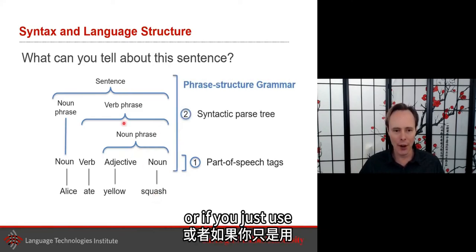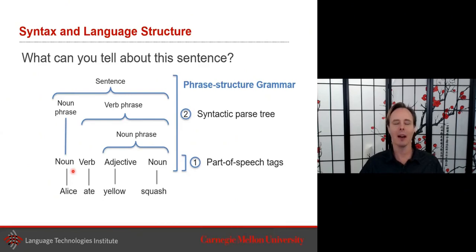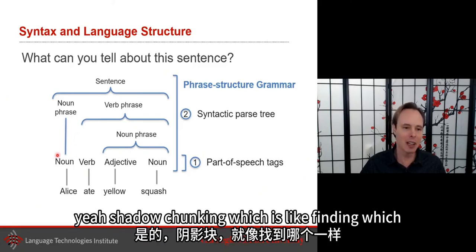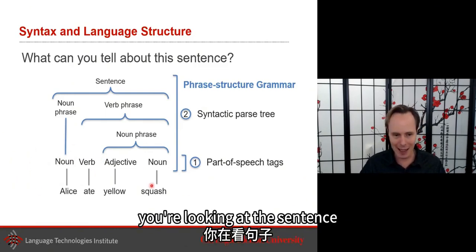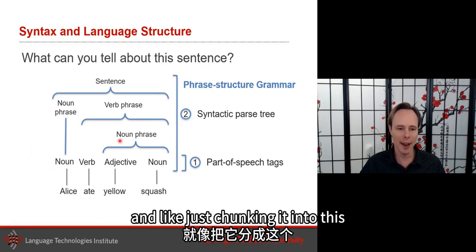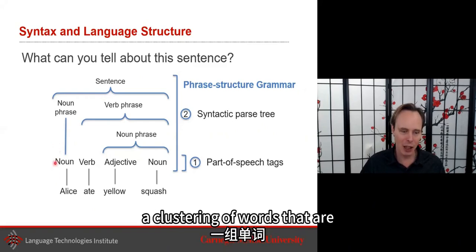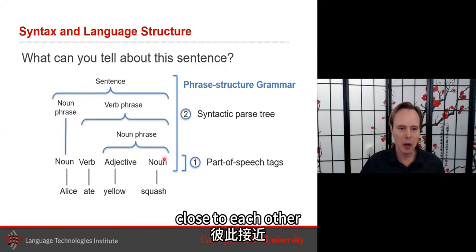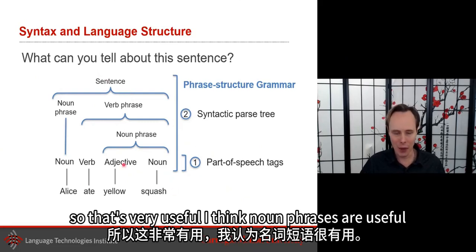There's also another simplification of that, called shallow chunking, which is finding all the noun phrases and all the verb phrases, just chunking the sentence into these. But the more systematic way is to look at it not just as a clustering of words that are close to each other, but as a tree structure. So that's very useful.